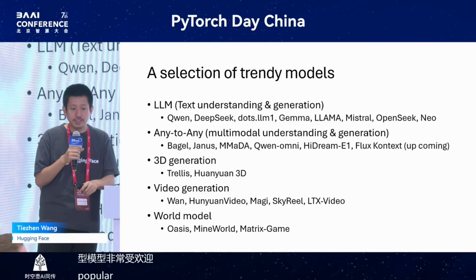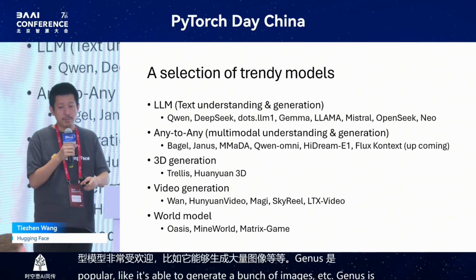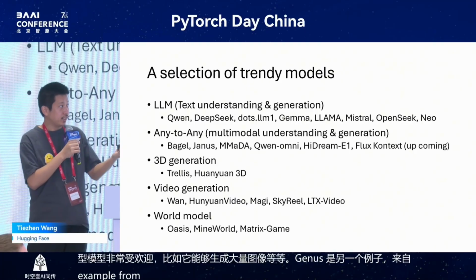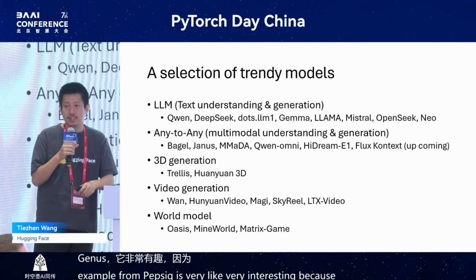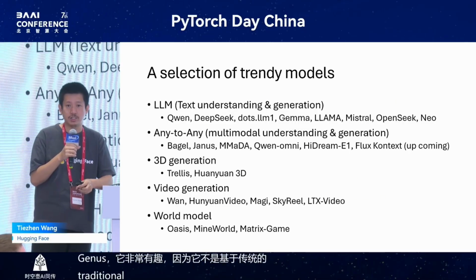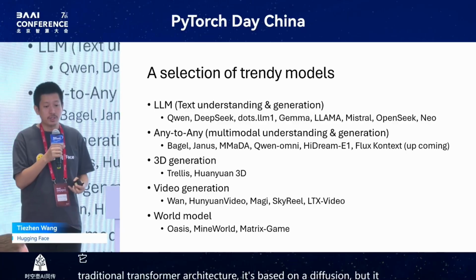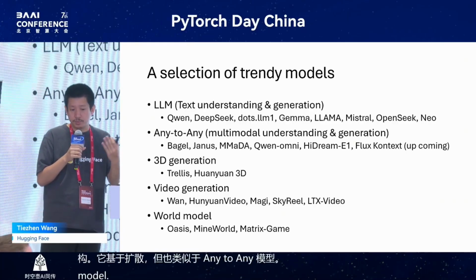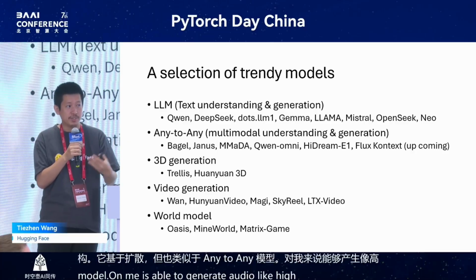It's able to generate a bunch of images, etc. Janus is another example from DeepSeek. Meta's model is very interesting because it's not based on the traditional transformer architecture. It's based on diffusion, but it's also an any-to-any model. Qwen Omni is able to generate audio, and HiDream E1 is able to do image editing.